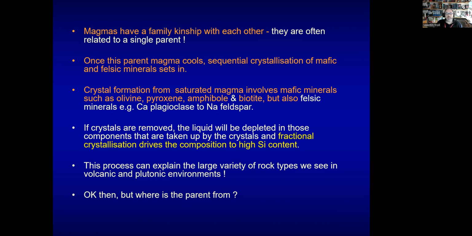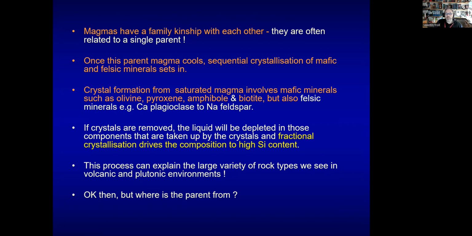And this can explain a whole family relationship of chemical compositions at a single volcano. This process can explain the large variety of igneous rocks we see at individual volcanoes. Volcanoes that mature tend to have more felsic materials with time, and there we see these variations, and we can now explain them.